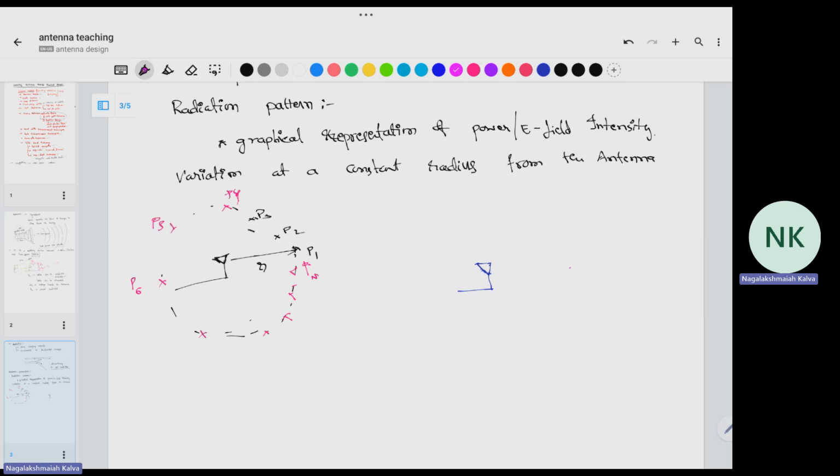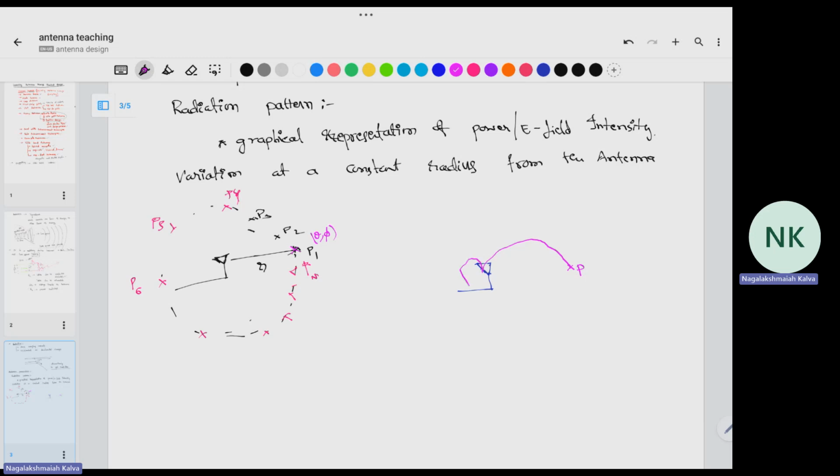So this we can represent based on the intensity at all points. Here you'll have the same distance only, but at certain theta comma phi. For a certain theta and phi, we are taking a certain radius, and at that theta comma phi, what is the intensity? That intensity we are plotting at a constant distance. So I'm plotting P1, P2, P3, P4.